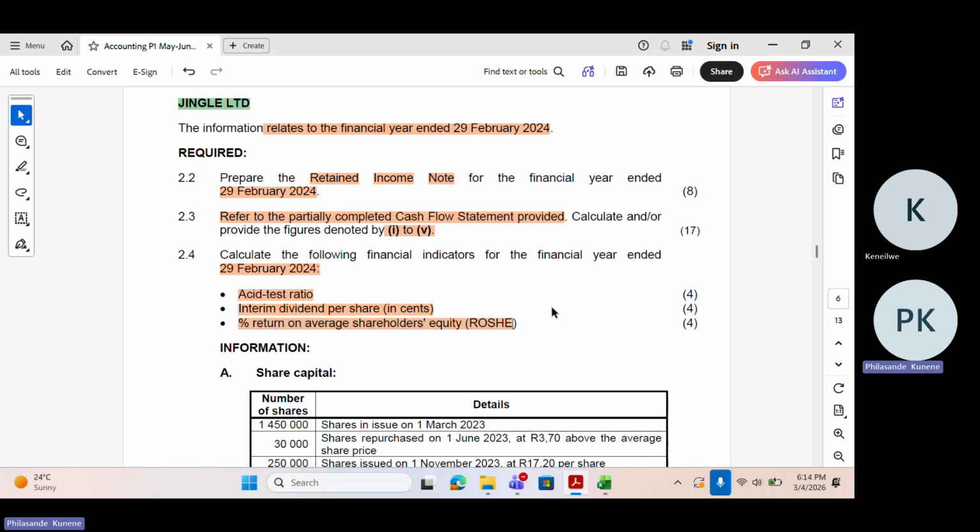Sometimes we call them ratios, but it is actually the financial indicator.